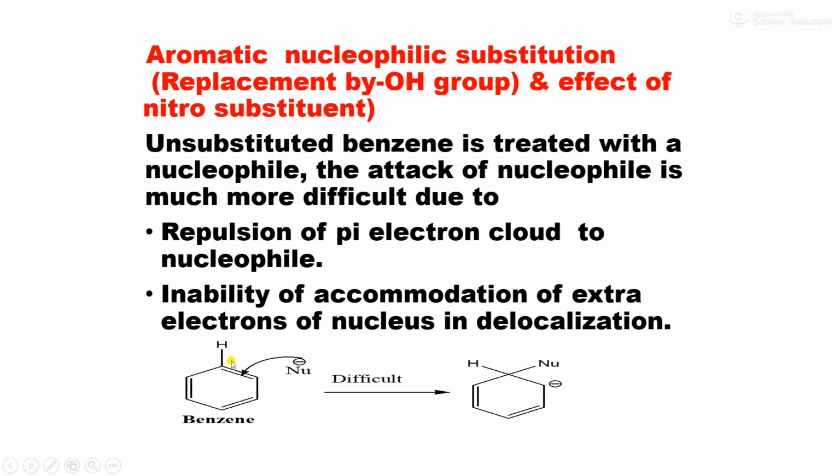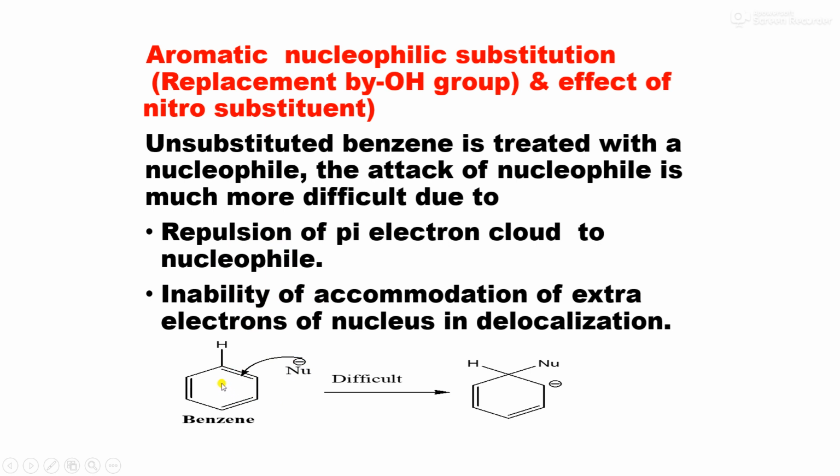So friends, this is the aromatic nucleus and this nucleophile has a negative charge electron cloud, and in benzene ring also there is an electron cloud, and on nucleophile again there is an electron cloud. Electron repulsion occurs, therefore there is too much repulsion between nucleophile and pi electron cloud.